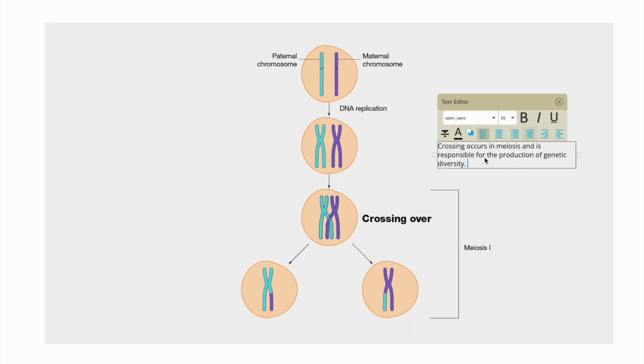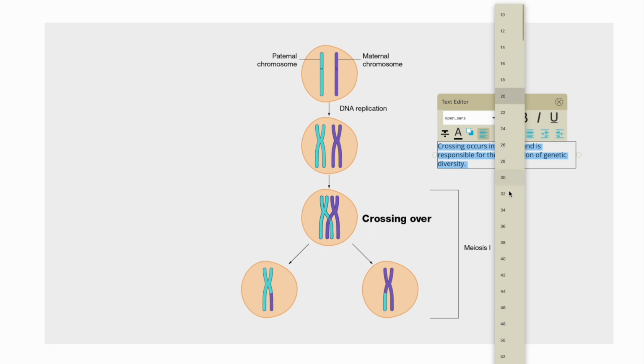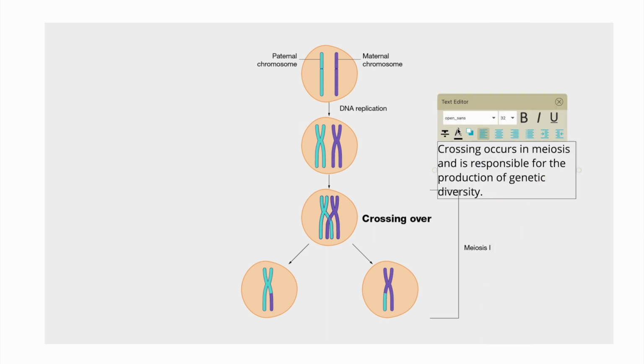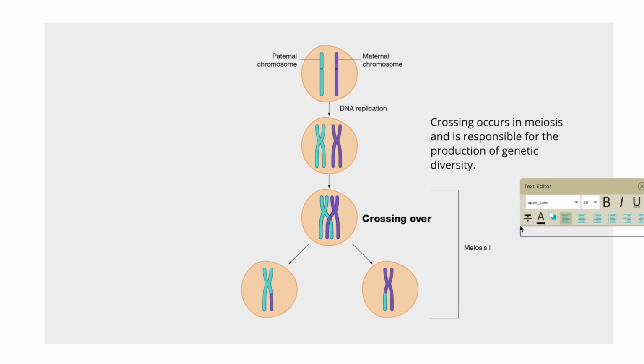So if you ever are faced with a question asking why or how meiosis produces genetic diversity, this is your answer right here. Okay. Yeah, so crossing over occurs in meiosis and is responsible for the production of genetic diversity.